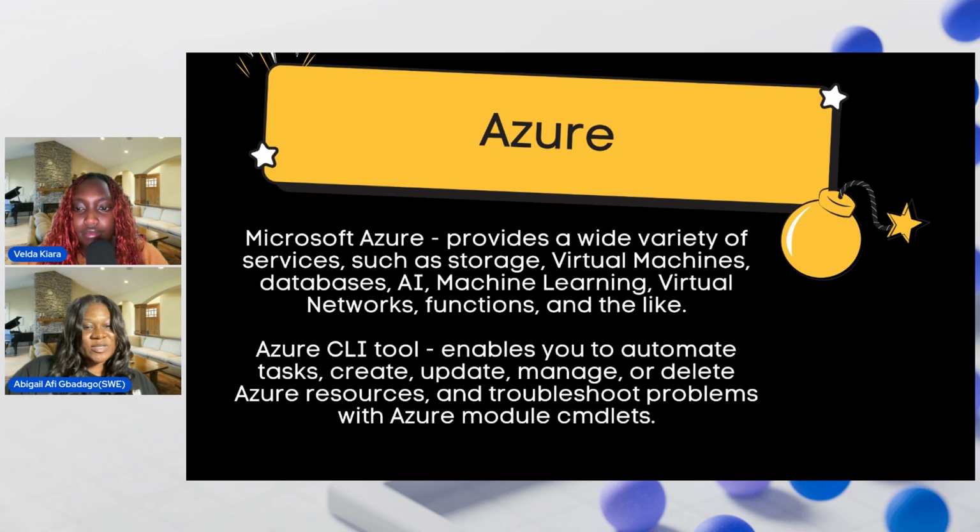The Azure CLI tool enables us to automate certain things, create and manage resources. I was really happy that in the previous session we saw her use the portal as opposed to the CLI, so that I get the best of both worlds. In this session, Velda highlighted the use of the CLI. In the previous session, we saw the GUI, or the platform interface.